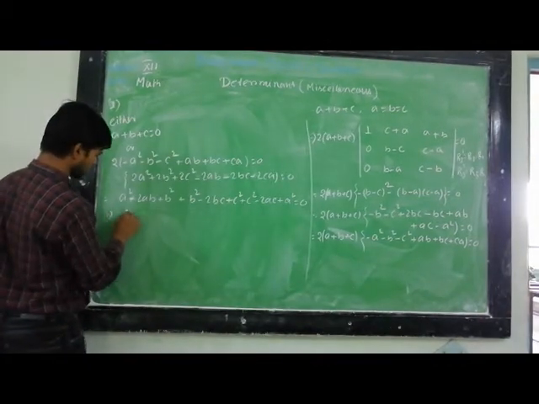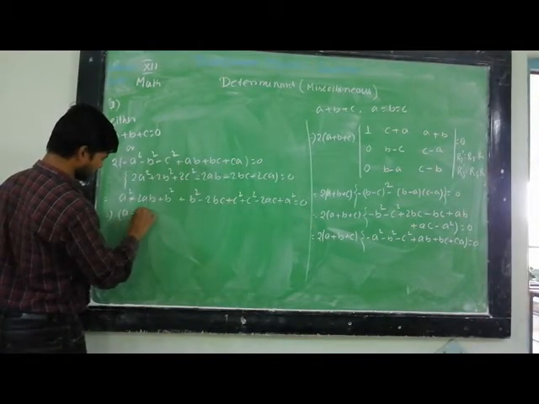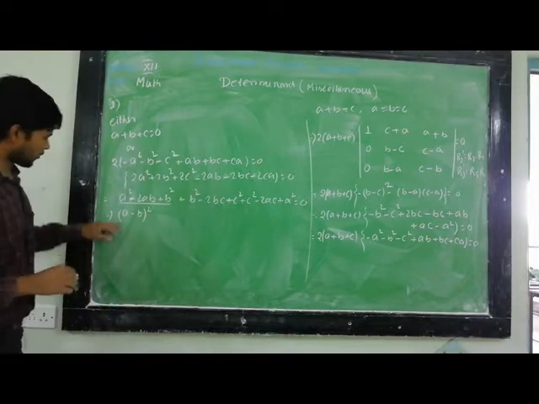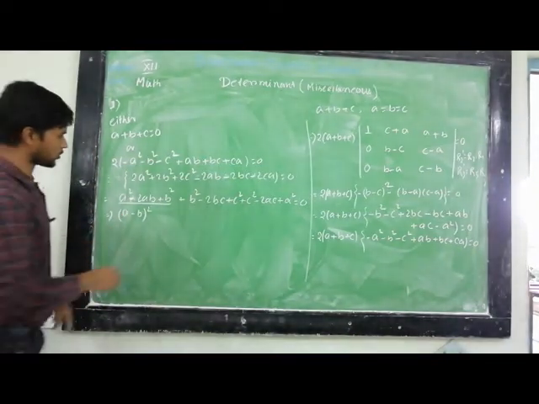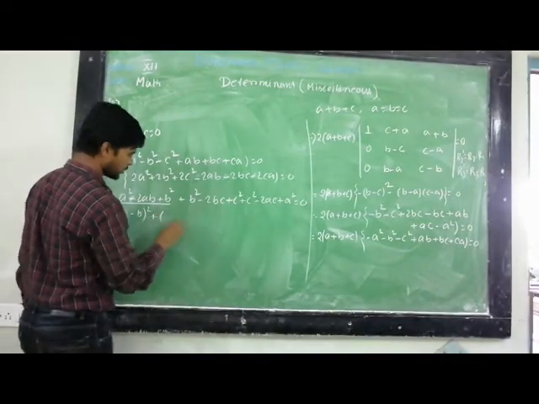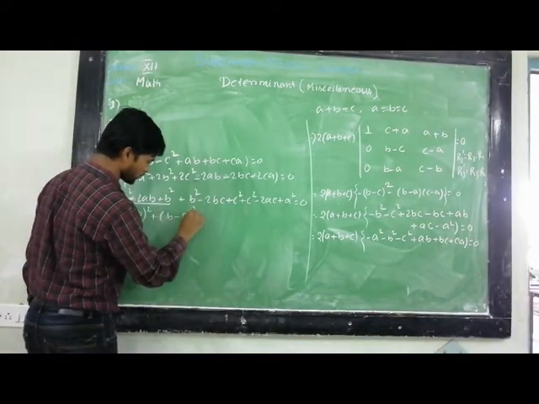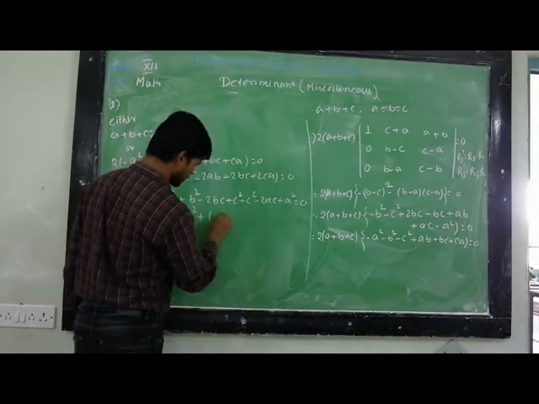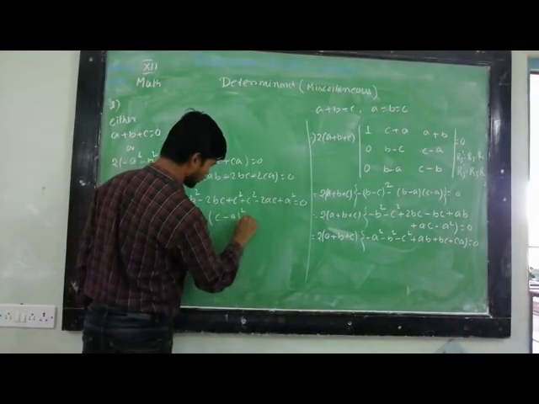That implies, from the first three terms, we can write (A minus B) whole square, plus from the next three terms we can write (B minus C) whole square, and from the last three terms we can write (C minus A) whole square, equal to 0.